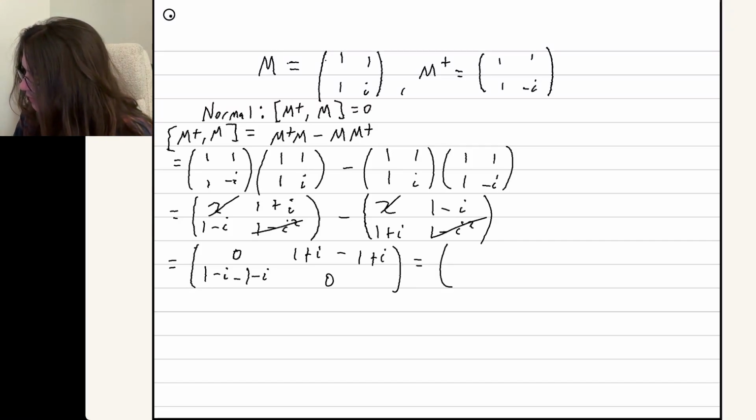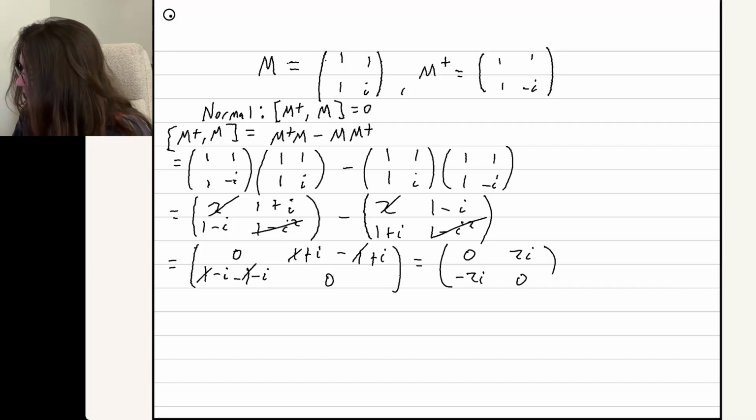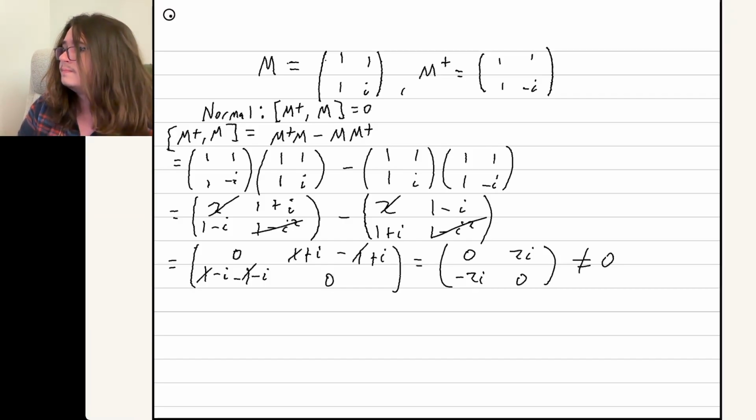Right. So we have 1's canceling each other out, but then we have 2I on the top and minus 2I on the bottom, which is not 0. So this matrix is not normal, for sure.